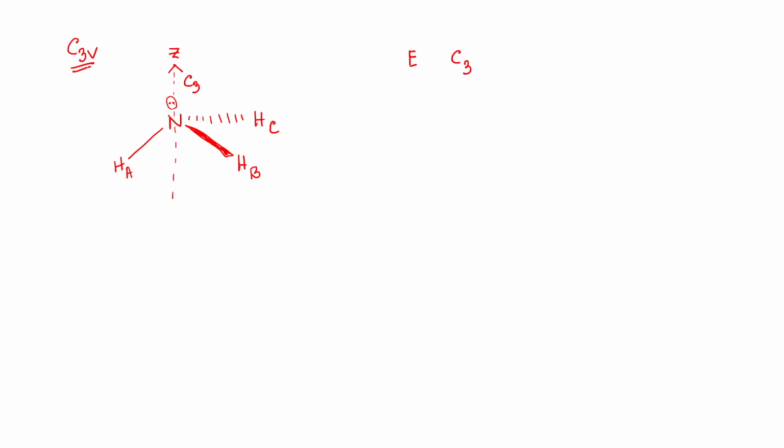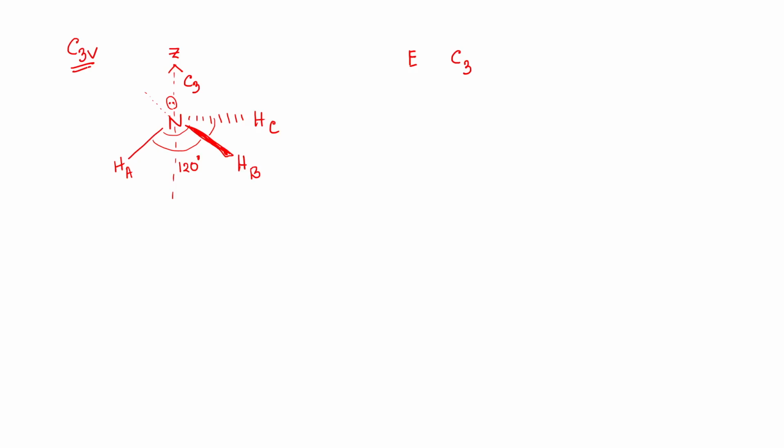Then your HA will be shifted to HC, and HC will be shifted to HA. But you have to remember that each of these is separated by 120 degrees. So do you think if for N and HB you rotate it by 180 degrees, it is going to land on HC?